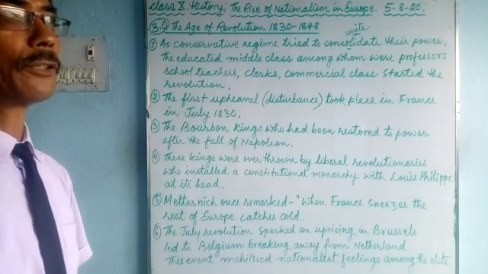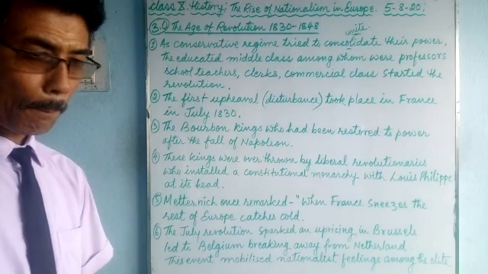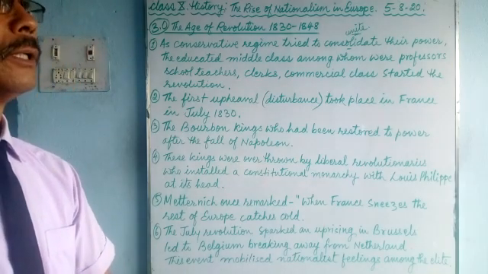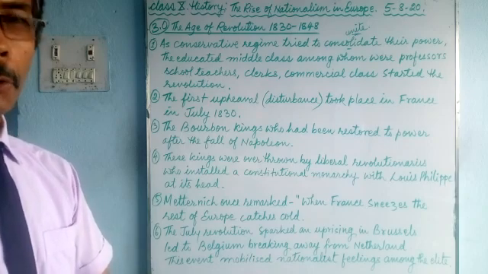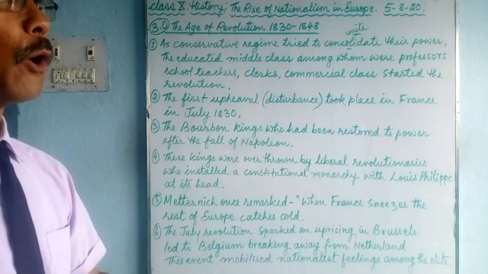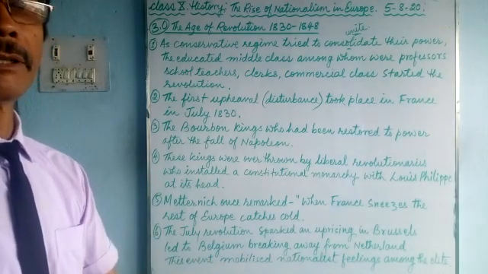In every country revolution started, and very soon, one by one, the Bourbon kings were removed or became constitutional monarchies, and after that they became nation states.